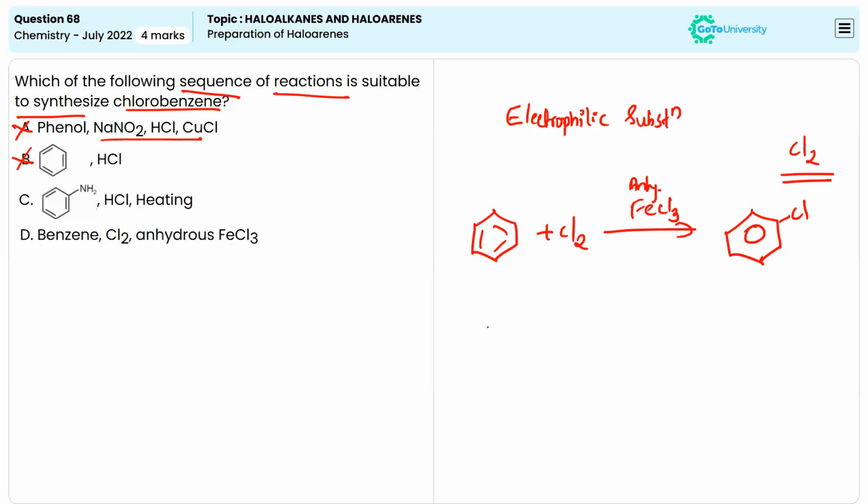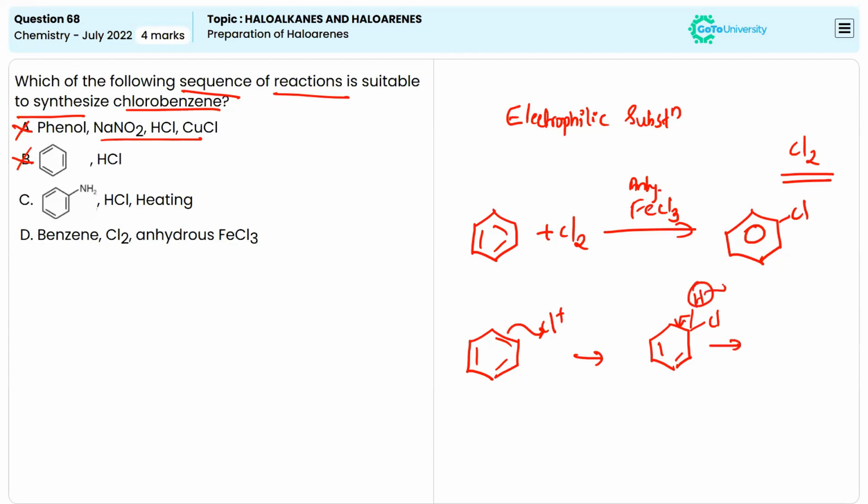This is the reaction. If you want to know the mechanism as well, I can show you. This is the benzene molecule. Cl plus is the electrophile which is attacked by the double bond, and they will produce this system, right? Chlorine and hydrogen. Now, in order to complete the resonance, the bonded electrons will come here.